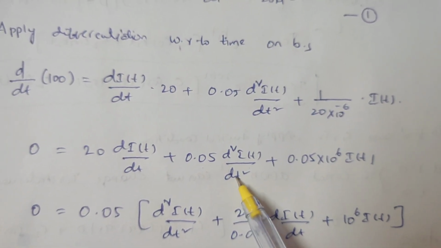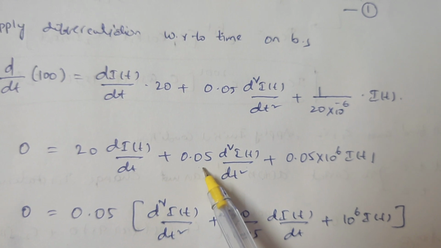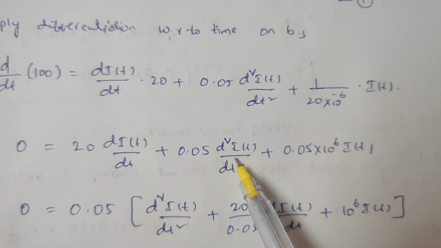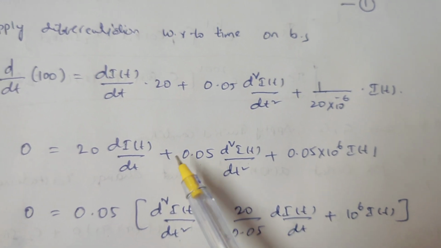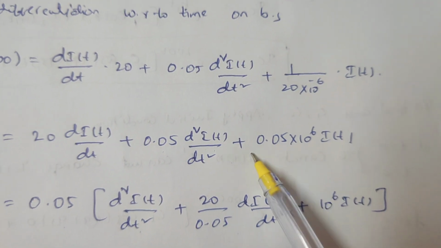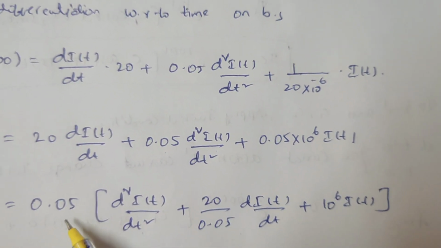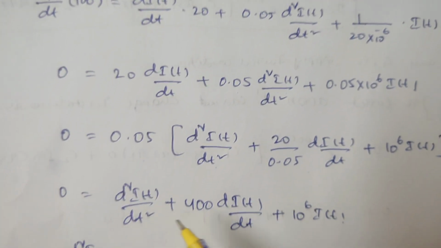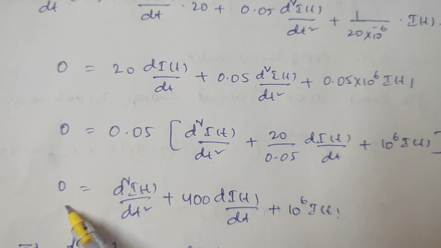In this second order differential equation, I am taking the term 0.05 as common. By taking this term as common, we get d square i(t) by dt square plus 20 by 0.05 into di(t) by dt plus 10 power 6 i(t), equal to 0.